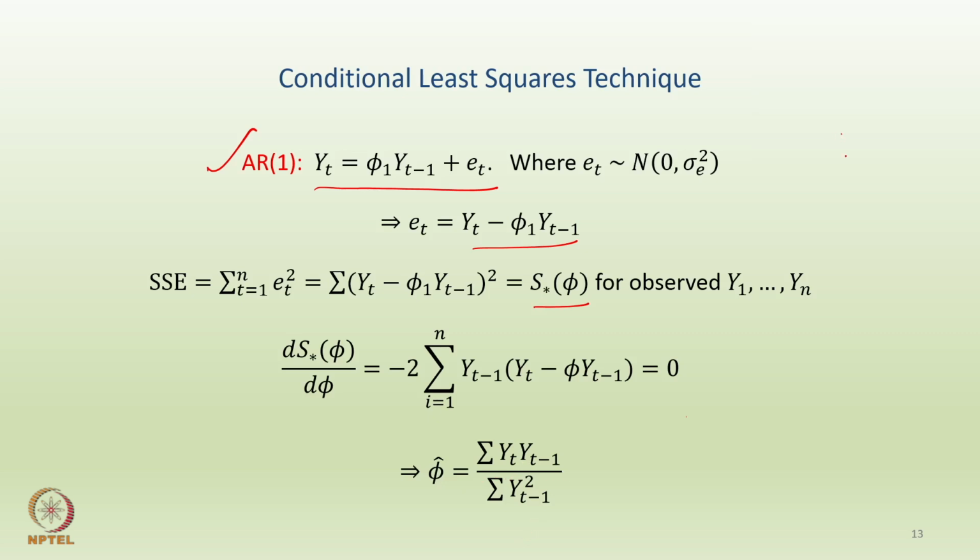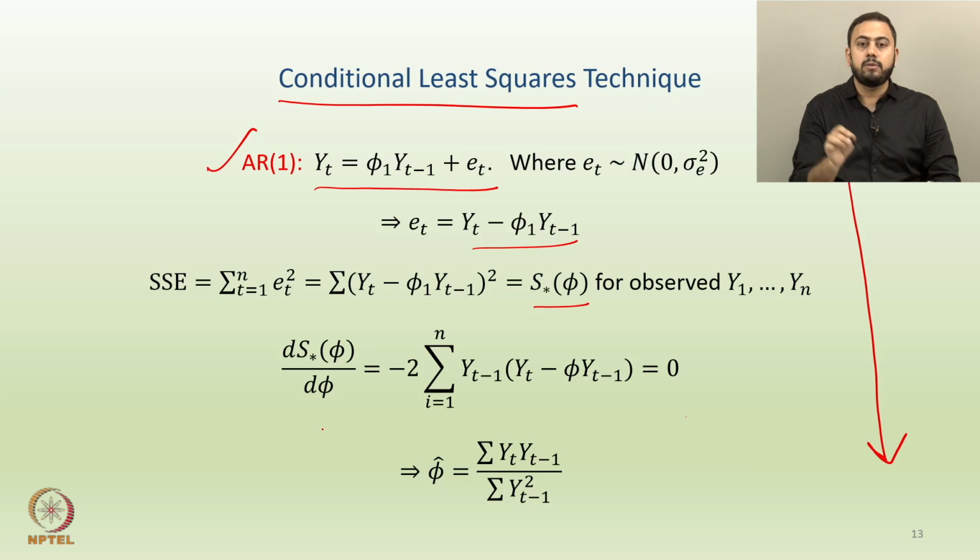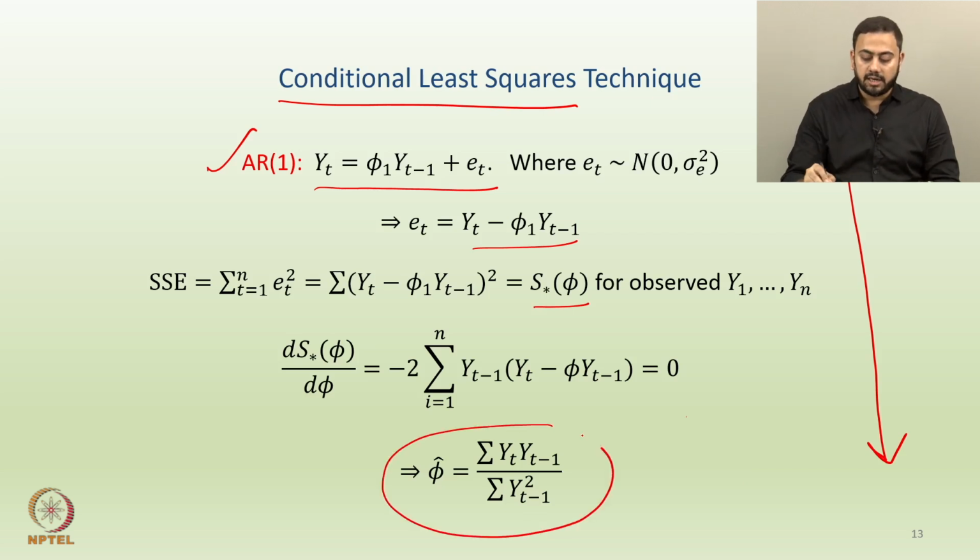So essentially this slide contains an example of how you apply estimation for a basic AR1 model, and this is based on conditional least squares, because you are finding the sum of squared errors, and then using that to find the estimator by taking the derivative, equating to 0 and eventually finding the underlying parameter.